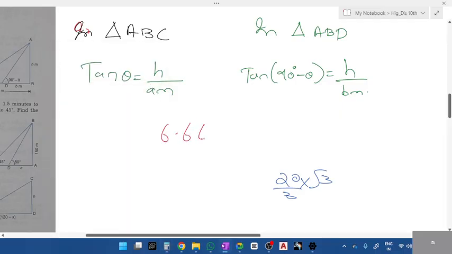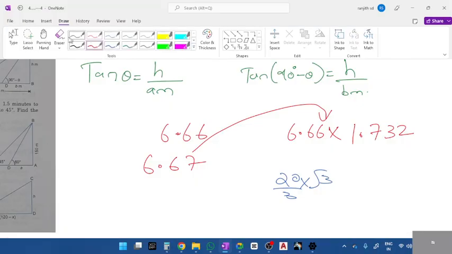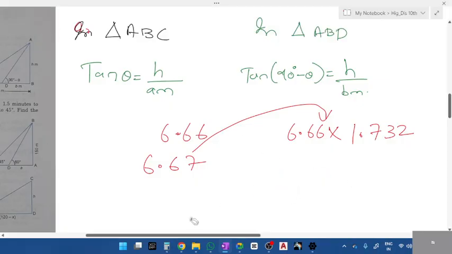If it is 6.66, what do we need to take? 6.67, right? Instead of that, I took 6.66 into what is root 3? 1 point 732. So what we should have done is, instead of 6.66, I should have taken 6.67.